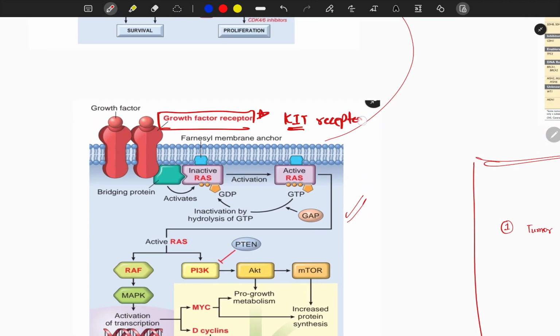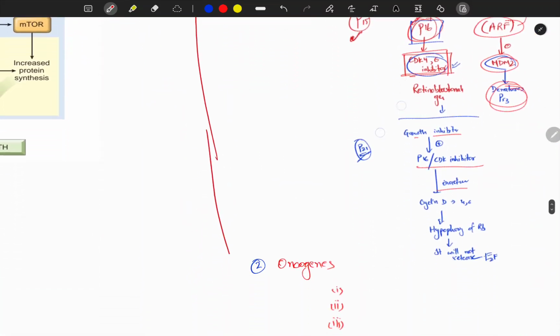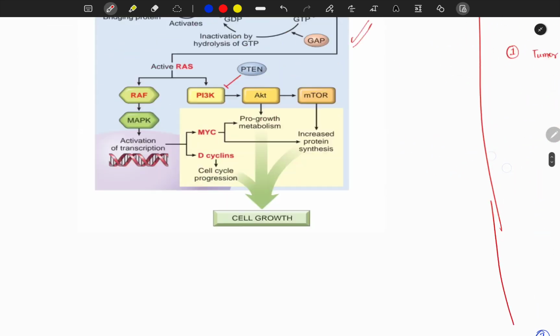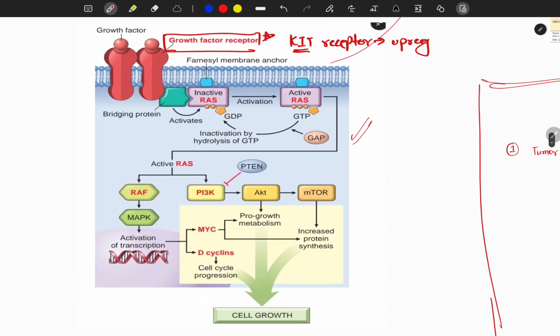Now KIT receptor upregulation could cause this. So right here in oncogenes, the first one is a receptor, KIT receptor, or else any mutation in that. Don't write upregulation, mutation in that.